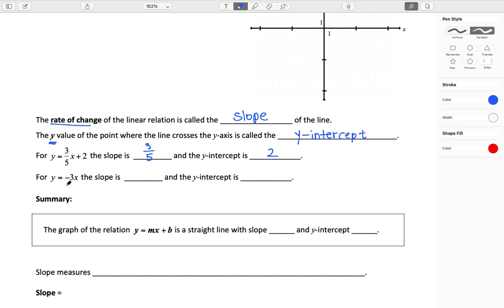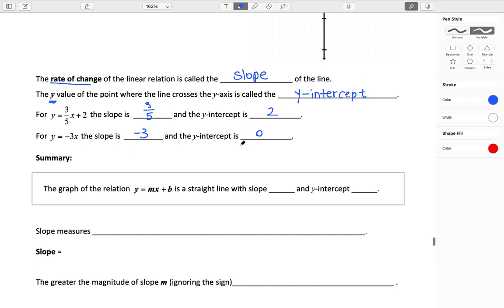For the next example, the slope is negative 3, but we don't have a plus or minus a number, so the y-intercept must be 0. In summary, the graph of a relation is shown in this format if it's slope y-intercept form: y is equal to mx plus b, the slope represented by m, and the y-intercept represented by b.